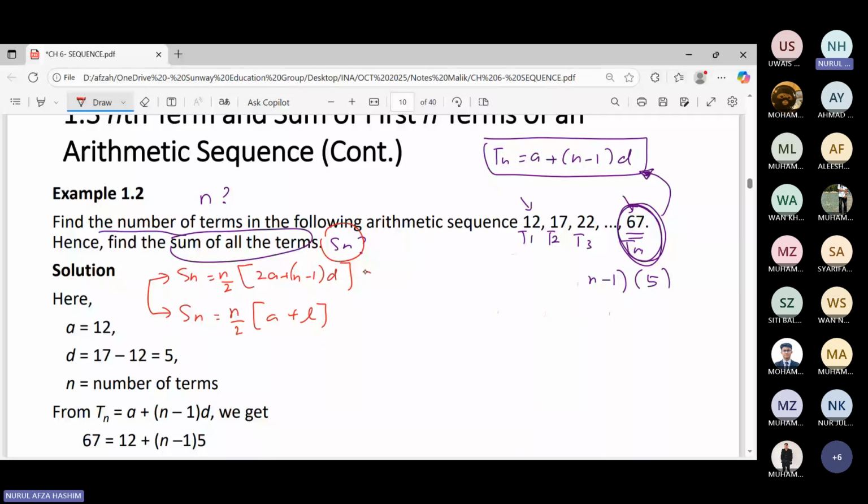So here, let's say that here is what? It's 10 over 2. 2 multiplied by 12 plus 9 multiplied by 5. And then here is 10 over 2. First number is 12 plus the last number is 67. Both of these, you're going to get the same answer. Betul tak?